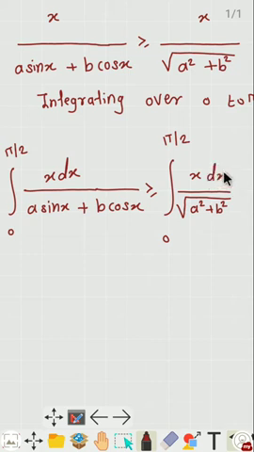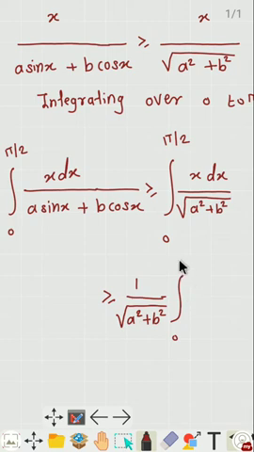Okay, so the integration on the right hand side we write here, right hand side is greater or equal, so let us take outside 1 upon square root of a square plus b square outside of the integration, and we take the integration over 0 to pi by 2 of the function x dx.